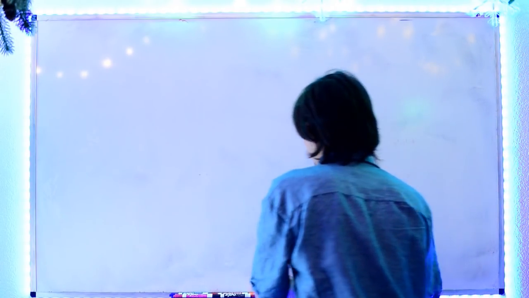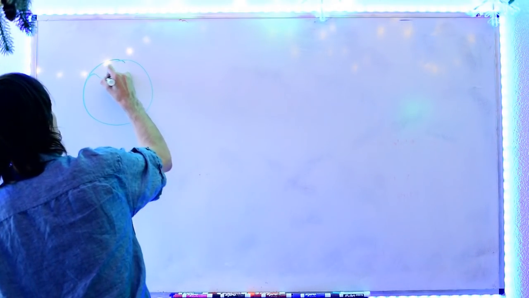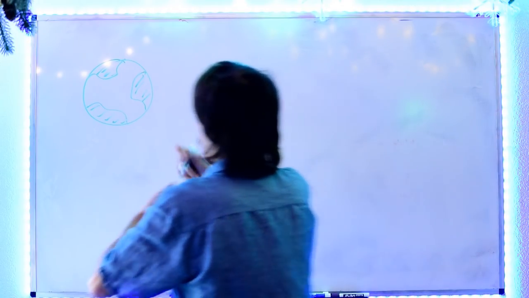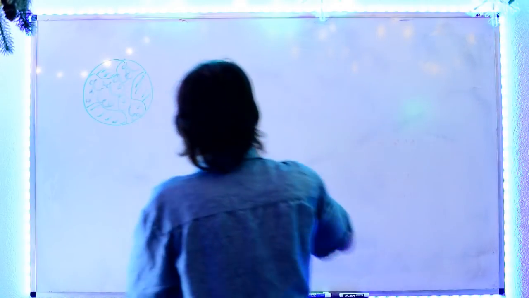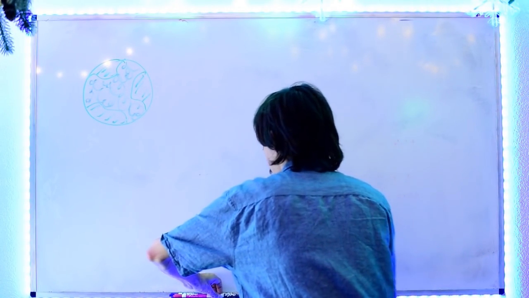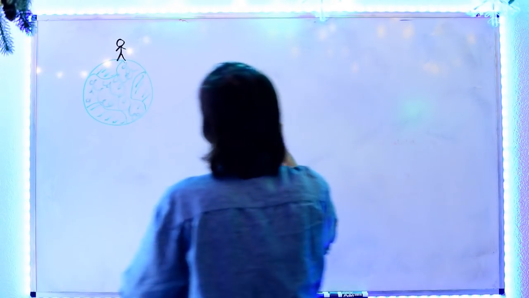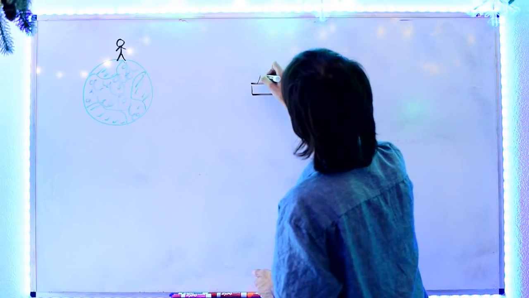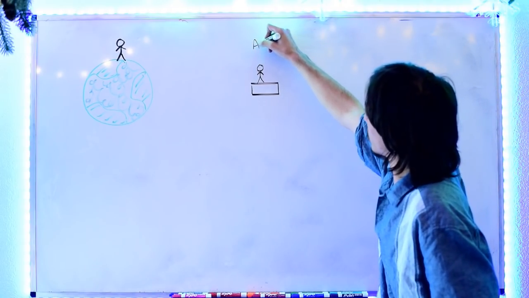So for example, here's the Earth, and on the Earth you have some observer, and there's a spaceship somewhere out here, and there's a person on the spaceship. This is the astronaut here.